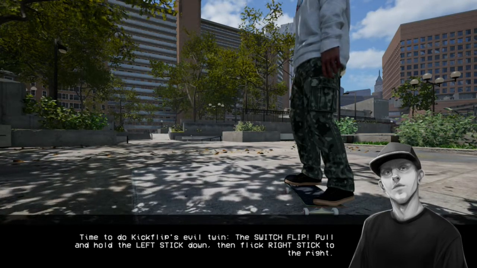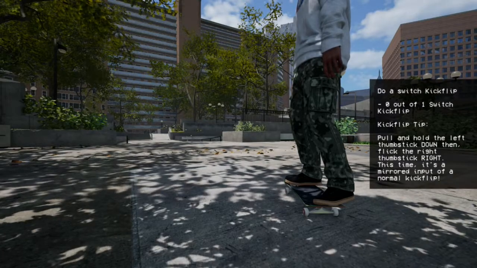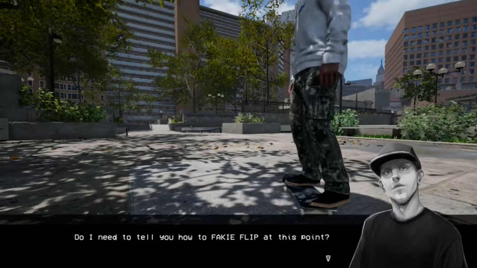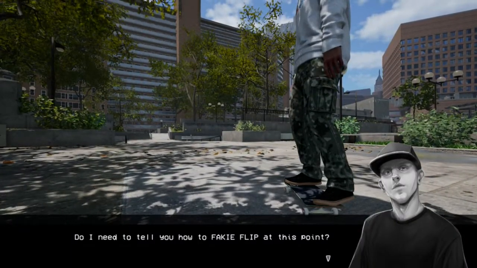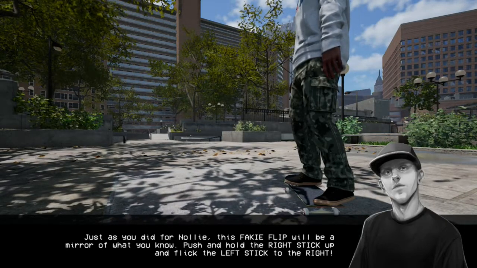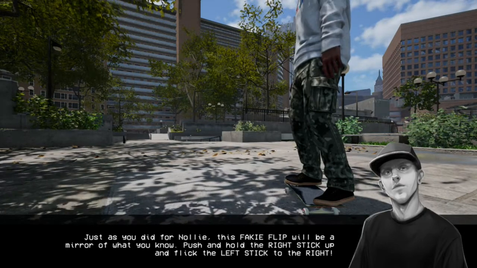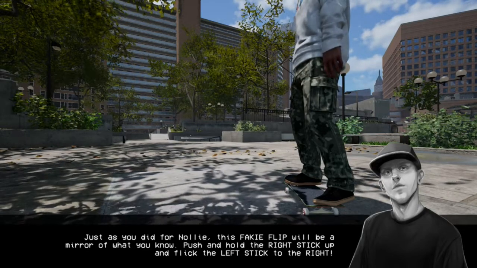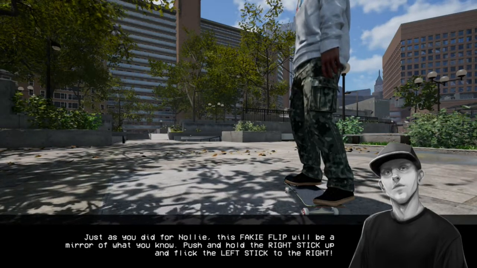Okay. All right, so just as you did your nollie, this fakie flip will be a mirror of what you know. So press and hold the right stick up and flick the left stick to the right.